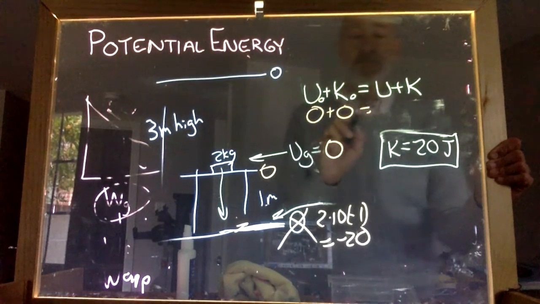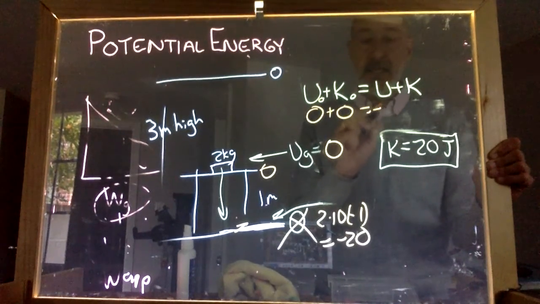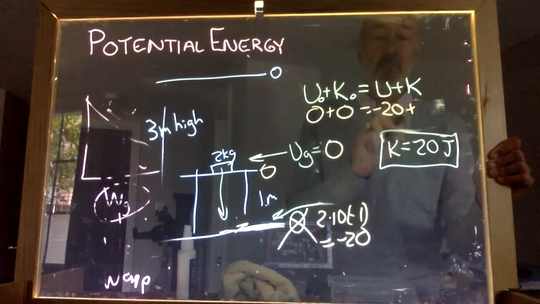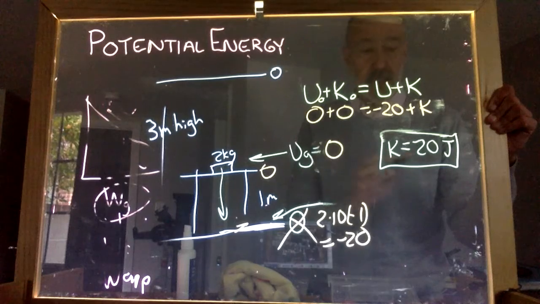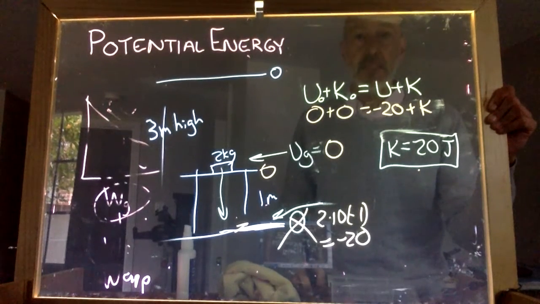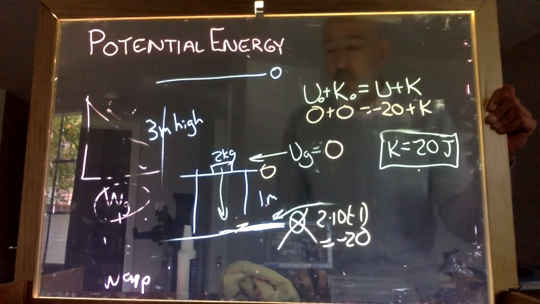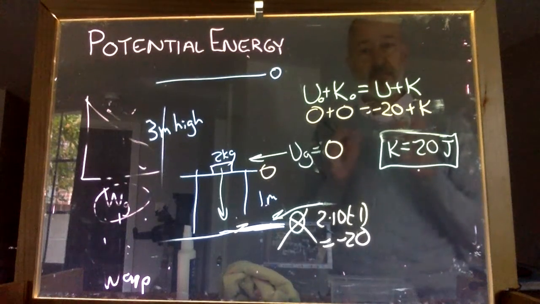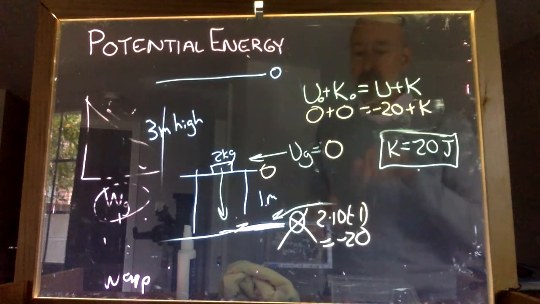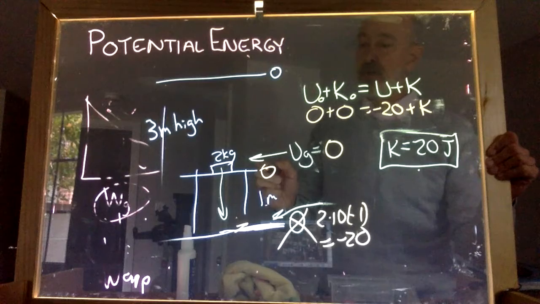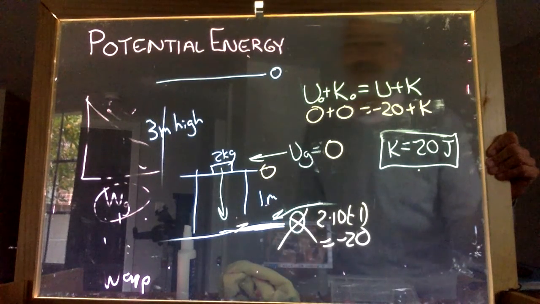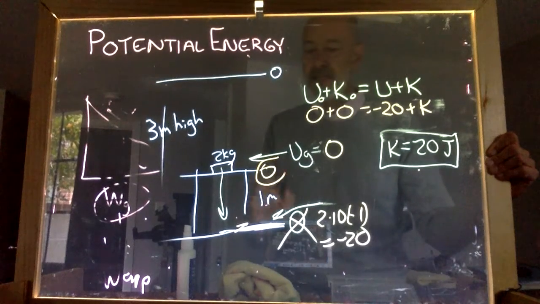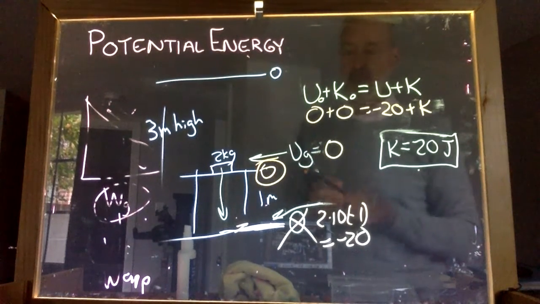At the end it has -20 plus whatever the final kinetic energy is. Well, you solve it, guess what? Kinetic energy is 20 joules. So really it doesn't matter what you pick to be 0 as long as you're consistent. In other words, you can't pick 0 at the beginning to be the desk and then 0 at the end to be something else. It's got to be one solid reference point.